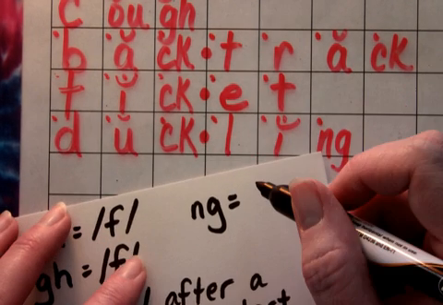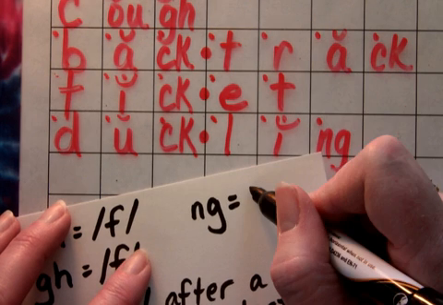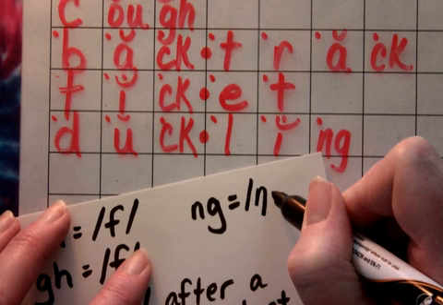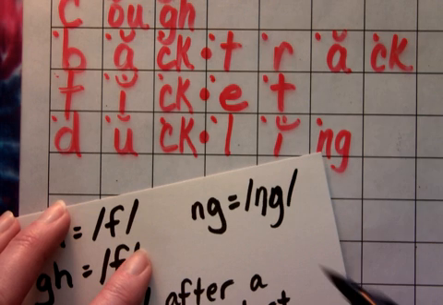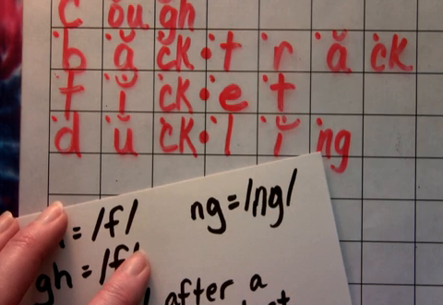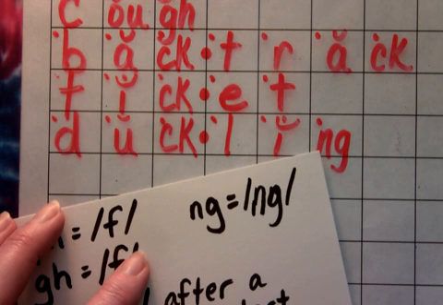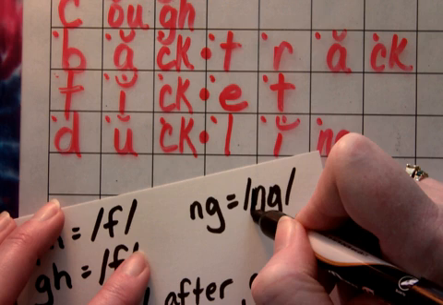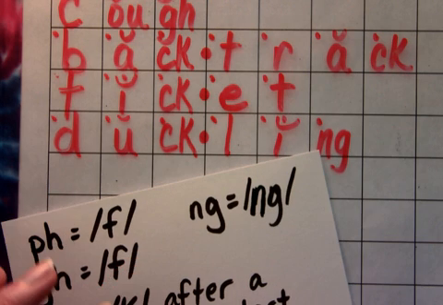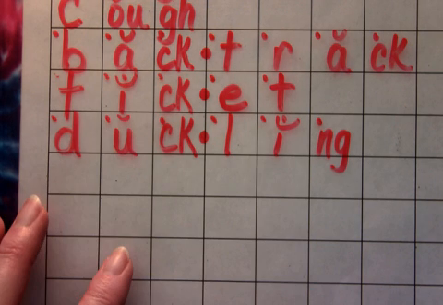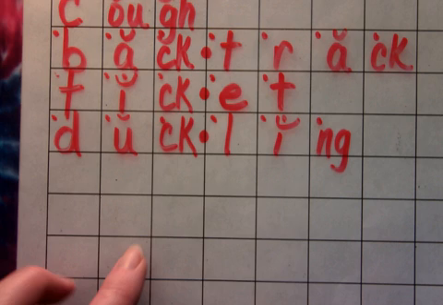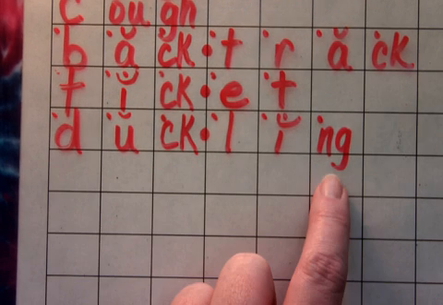The NG is going to say the sound. I didn't write that very well. Sound. Like ring, sing. That's an N. Ring. So it goes in one box. So duck has a CK and NG.